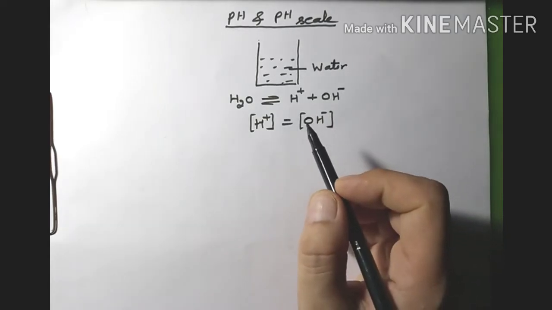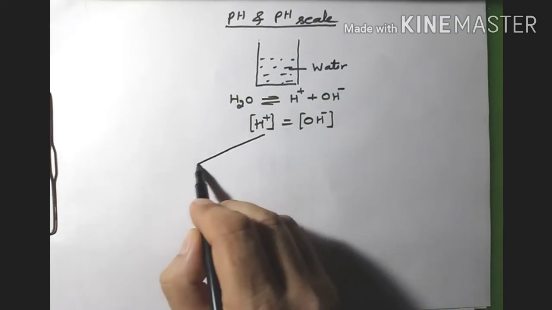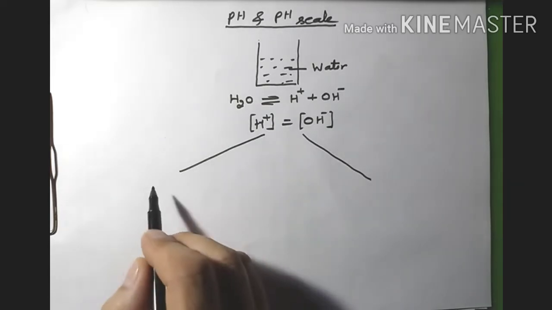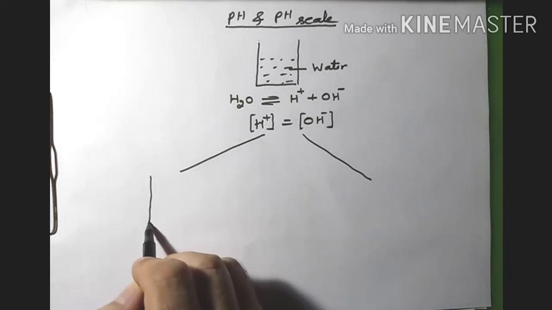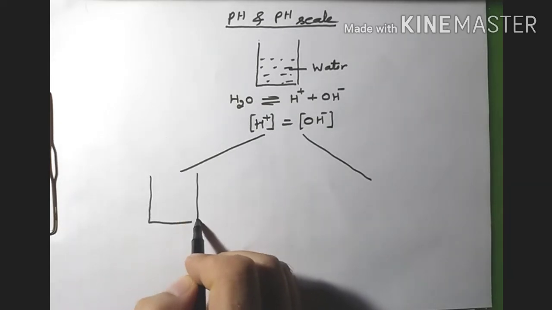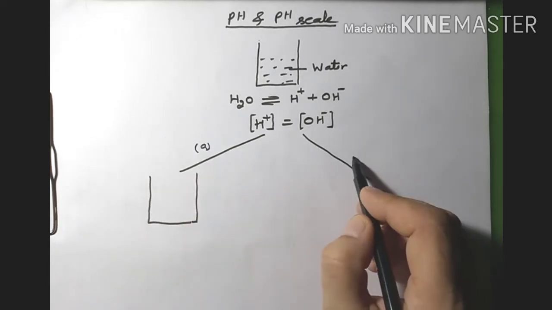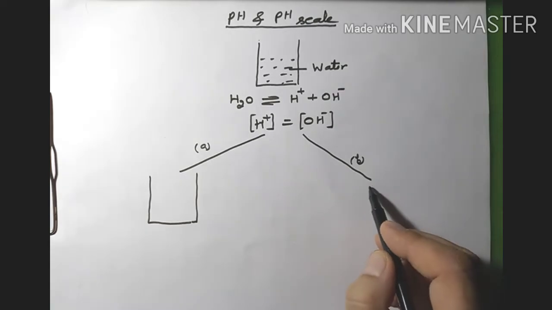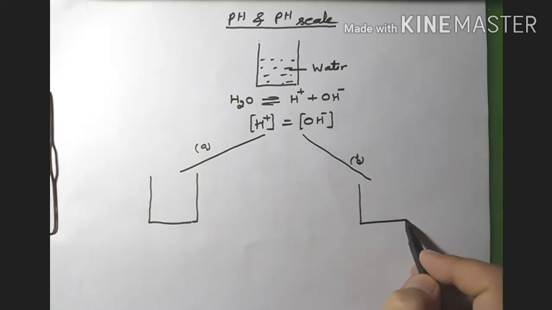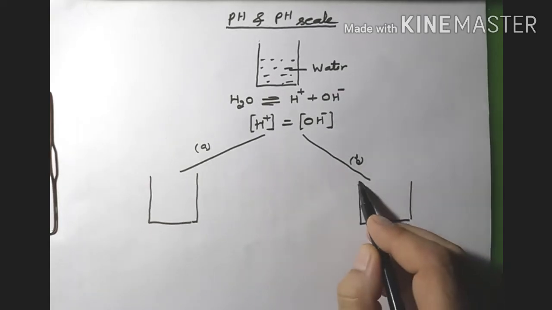Now I am taking another two examples. Again I take water in a beaker. This is part A, this is part B. Here also I am taking the water in a beaker.